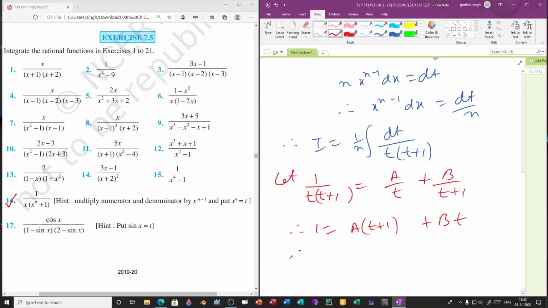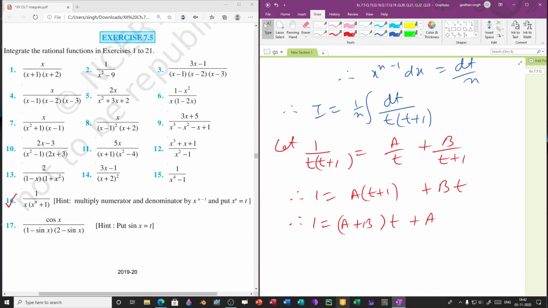So 1 equal to a plus b into t plus a. Comparing both sides, because there is no t term on the left hand side, the coefficient of t is 0. Therefore a plus b is equal to 0. Let this be equation number 1. The constant on the left hand side is 1, and here it is a. So we can say that a equal to 1.